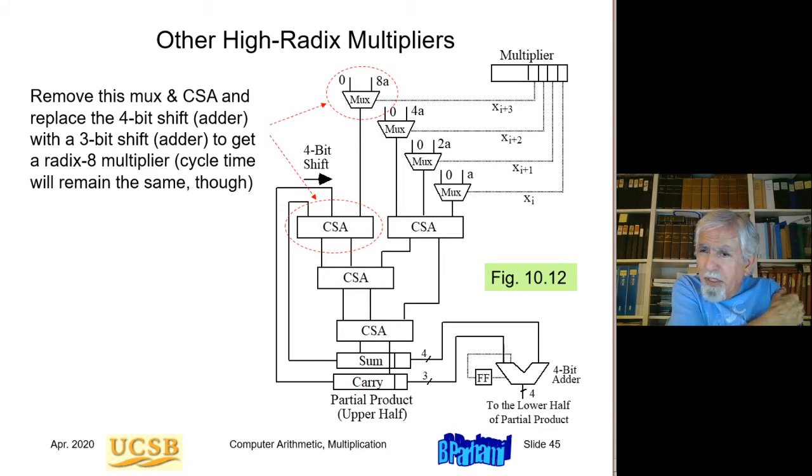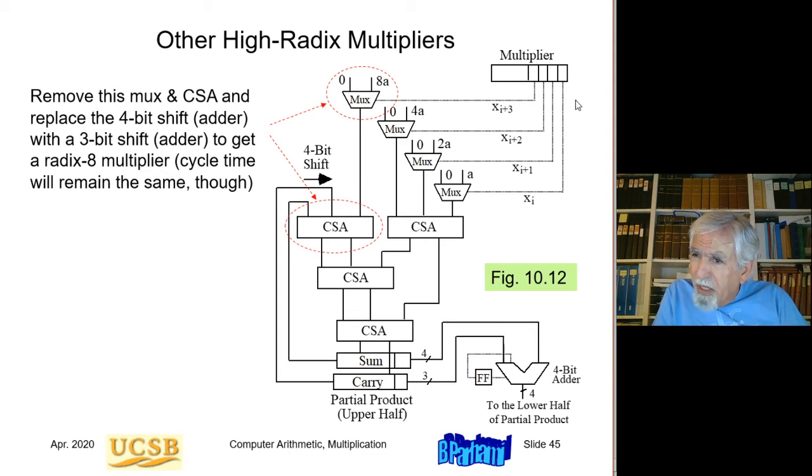radix 8 multiplier. Okay? However, notice that the cycle time for that radix 8 multiplier is just as much as the radix 16 multiplier, because I still have 3 levels of carry save addition. So it doesn't buy me anything to reduce the radix from 16 to 8 and increase the number of cycles accordingly.